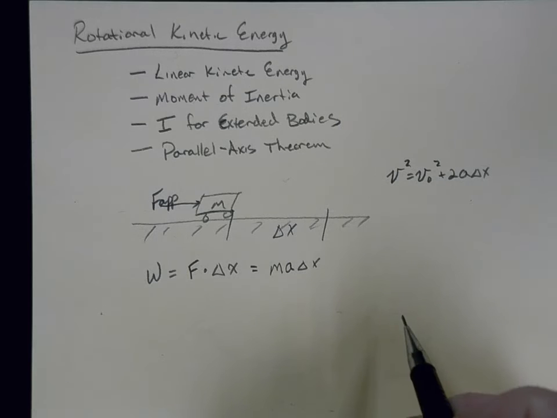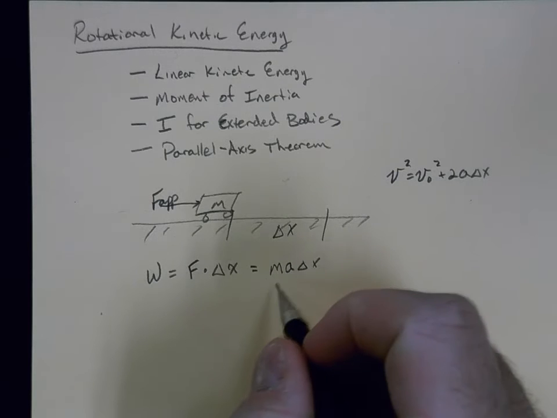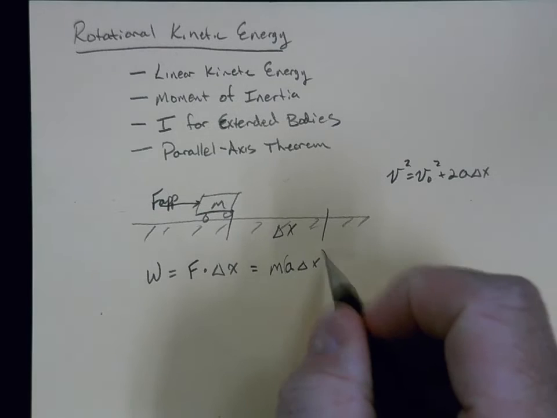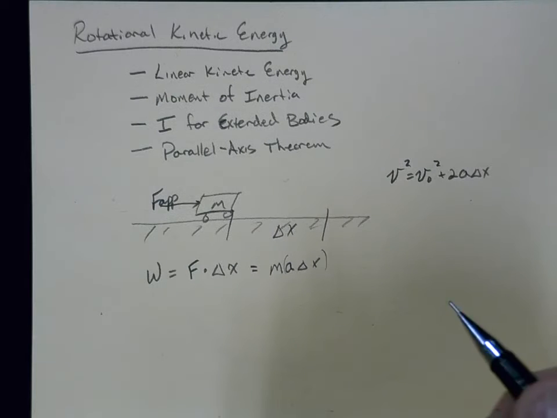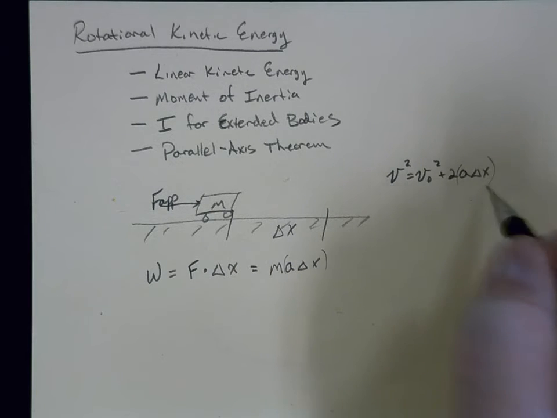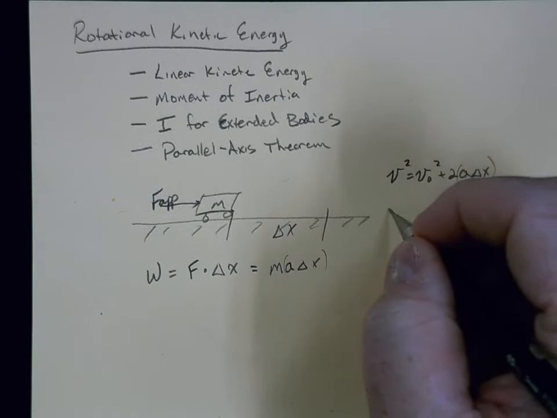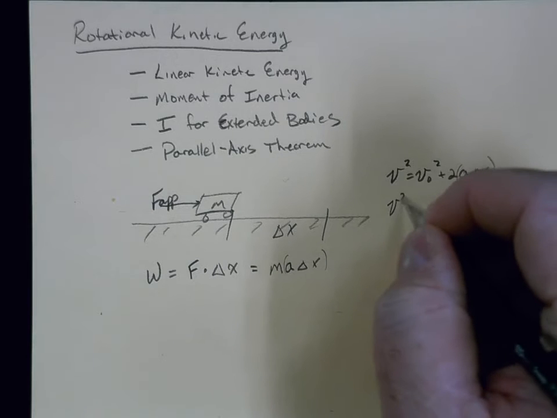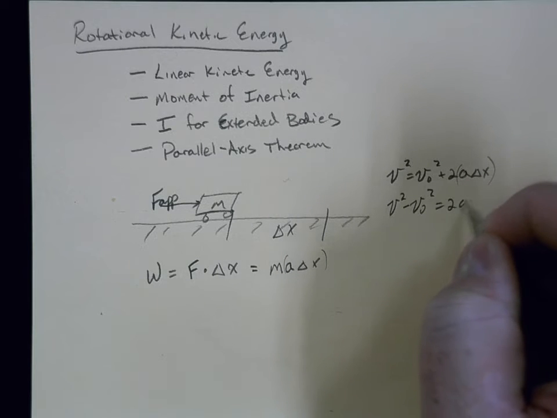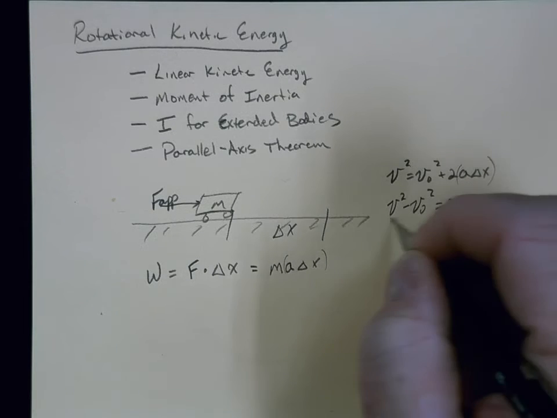If we separate the mass and just look at a delta x, we can solve this equation for a delta x. We subtract v naught squared: v squared minus v naught squared equals 2a delta x, and we divide by 2.